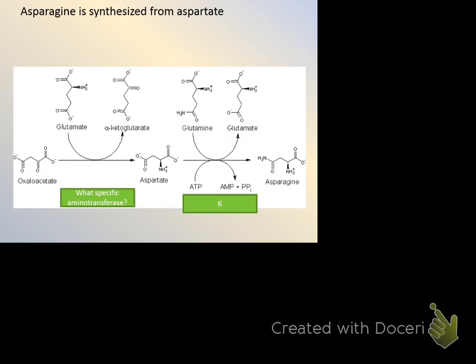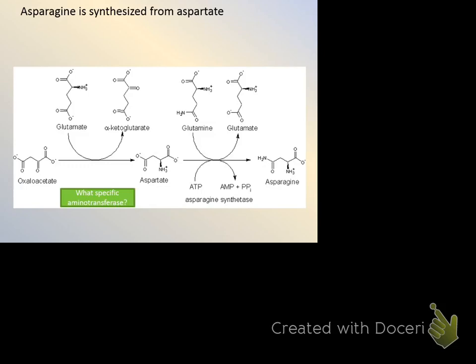So the ATP is used for energy to facilitate this, to make it a good leaving group. Asparagine synthetase. That is correct. And the reason it's a synthetase is because it required ATP, it required the energy.